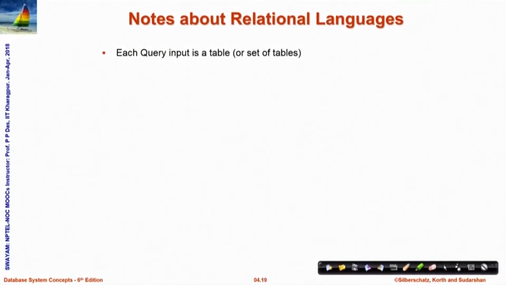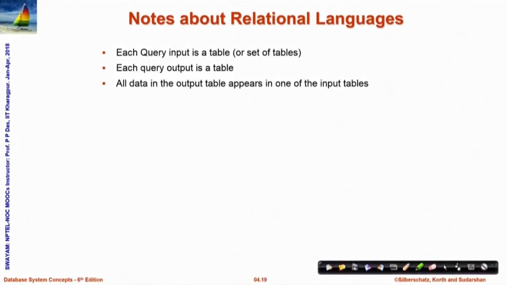Finally, to note that in relational algebra every query input is a table and the output is also a table. So, it is always manipulating one or more tables into a single table. That is, in very simple terms, the way you can look at it. And all data in the output table appears in one of the input tables, that is, no new data gets generated.